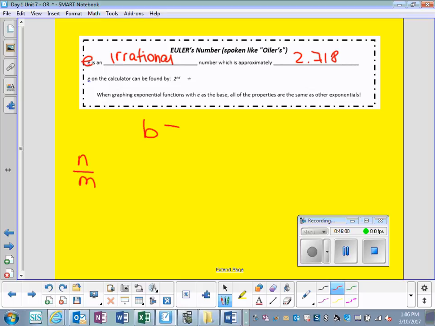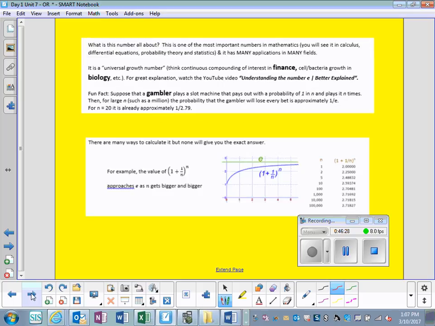If we have a function y equals e to the power of x, what is my b? e, which is approximately 2.718. So is this exponential growth or exponential decay? Growth, right? Because my b is greater than 1. You just need to remember that e represents a specific number, approximately 2.718.